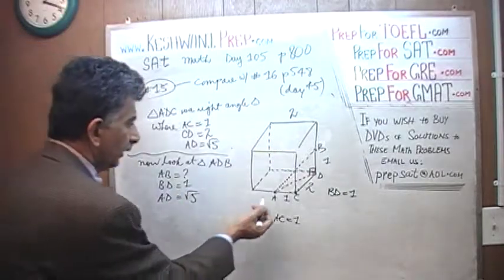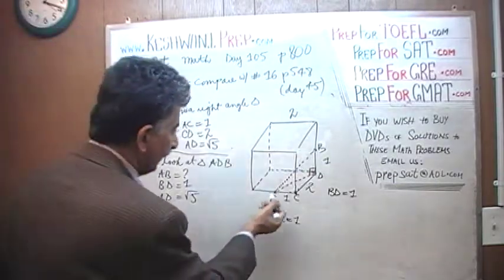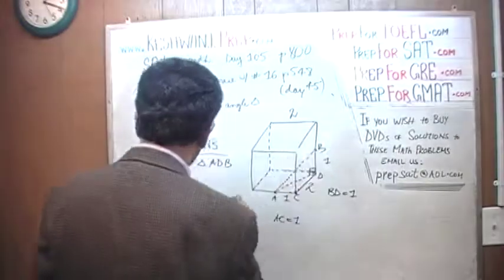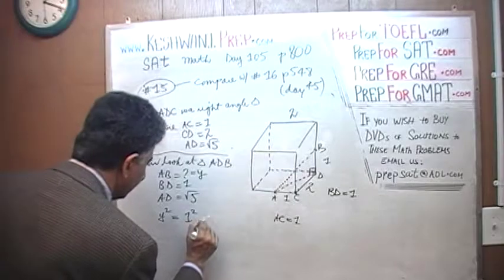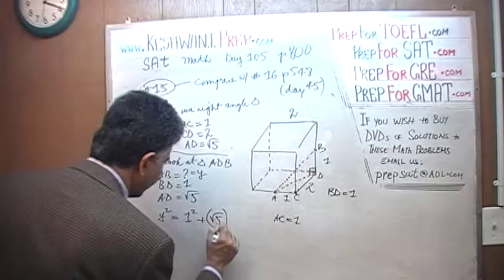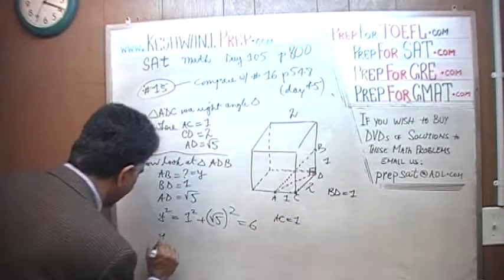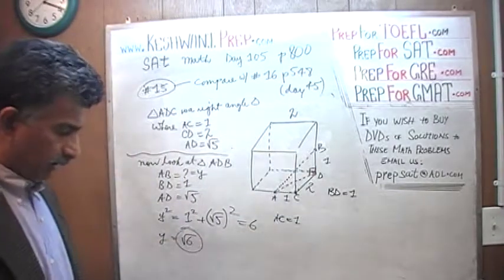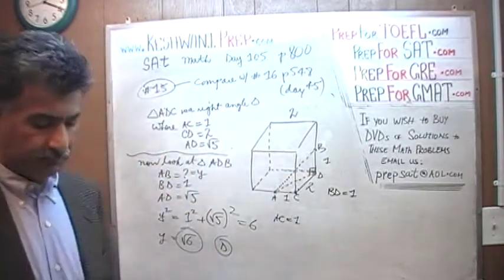So one more time, A to B, I'm not going to call it X because we used up the symbol X to represent A to D, so let's call it Y. So Y squared, which is what A to B is, would be 1 squared plus the square root of 5 squared, which will simply be 6. And therefore, Y is square root of 6. There you go, answer choice D. And that's it, we're done.